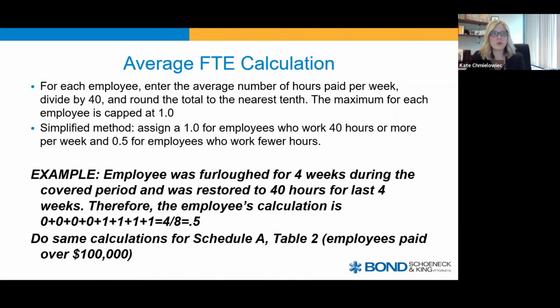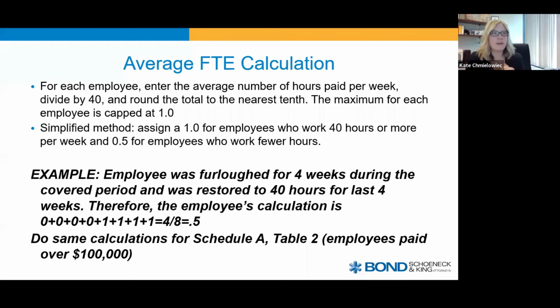For employers who have employees who are really in between the 20-hour and the 40-hour mark, it may not make sense to use a simplified method, but you can run the numbers and see what works best for your business. However, when you do that, you want to make sure that if you use the simplified method for the covered period calculation, you also use the simplified method for your look back period. If you don't, it's going to be problematic. You can't use one type of calculation for the one period and a different type of calculation for the other. They need to match.